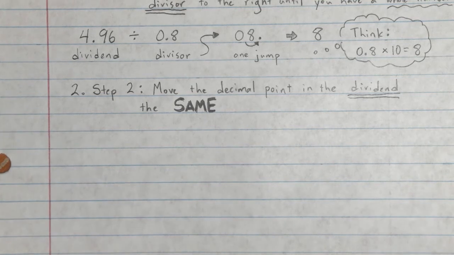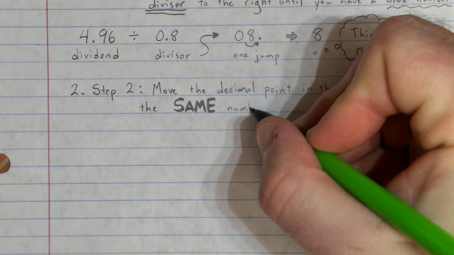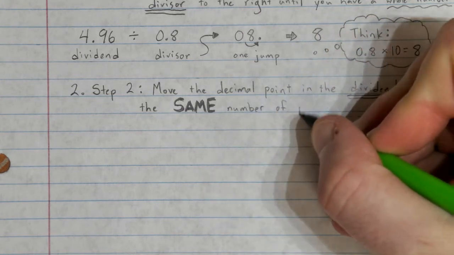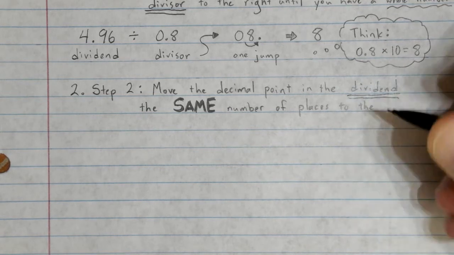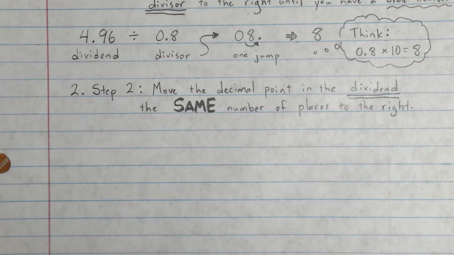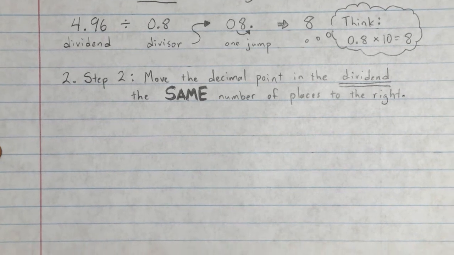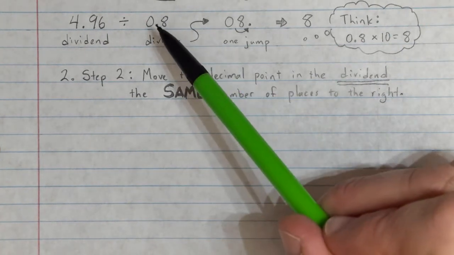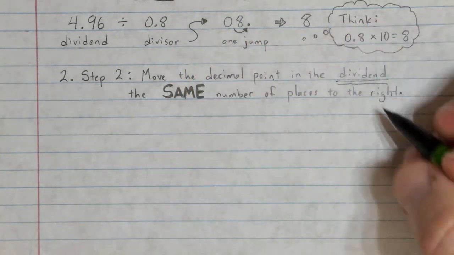We move it the exact same number of places to the right. I'm going to repeat that about 40,000 times because it's super important. The divisor, we jumped over one place. So that means our dividend, we're going to do the same thing.